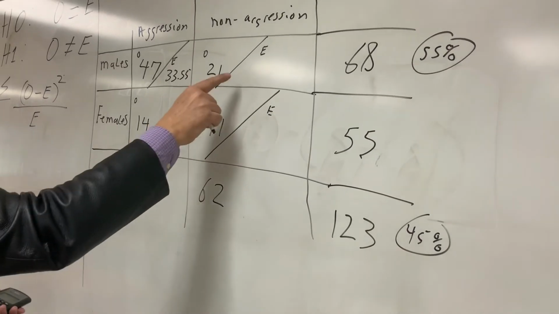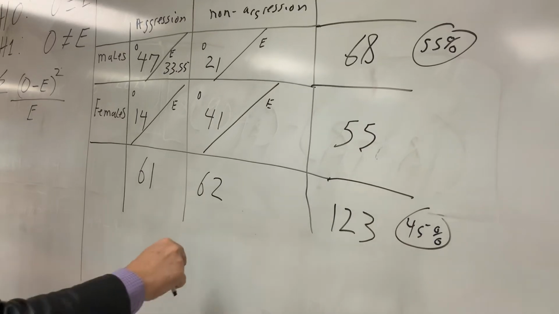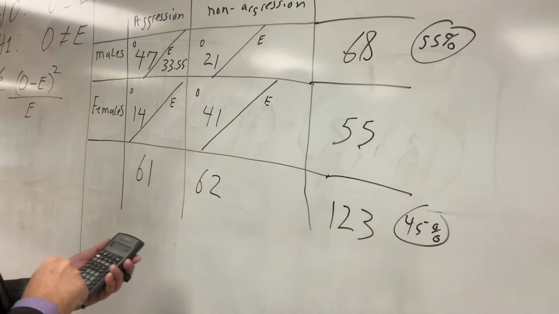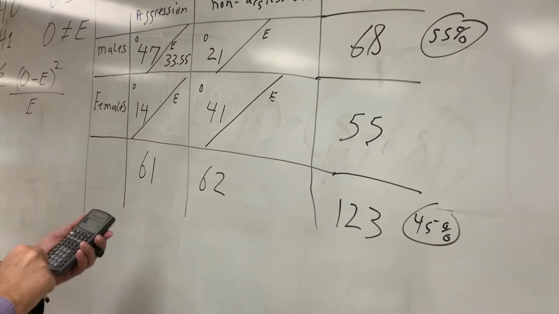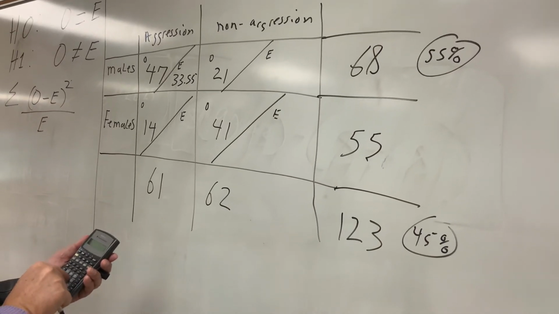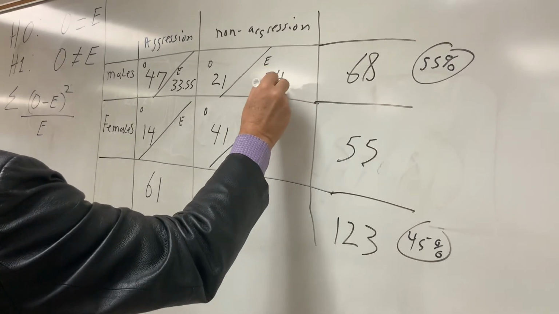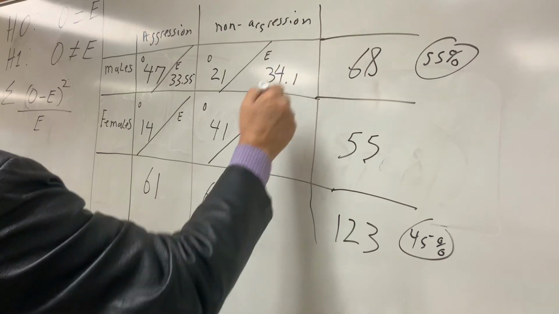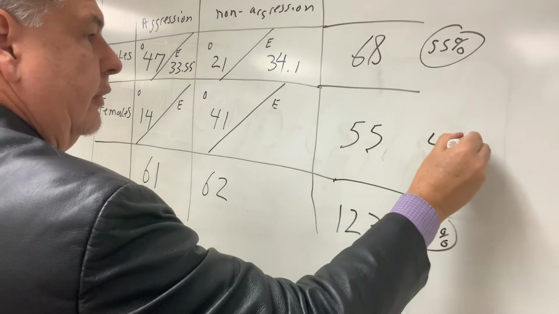Now I can do the same thing for this particular one here, because I take 62 and I'll multiply my percentage of that particular row, which is 62 multiplied by 0.55 gives me 34.1. And that's an expected value. I'll do the same thing here.